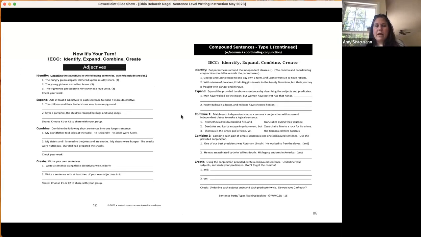And then there is another one here for compound sentences, same kind of thing, identify, expand. And this is where the combining, he gives 2 parts of the sentences where they can combine it together, or then the option 2 is 2 sentences where they're combining it together. That makes sense. And then create at the bottom.